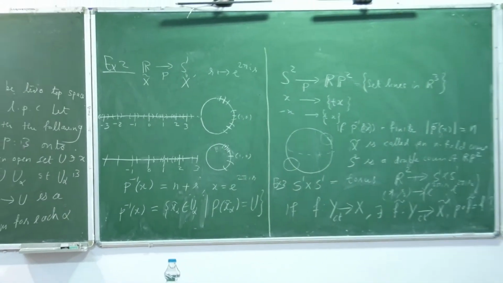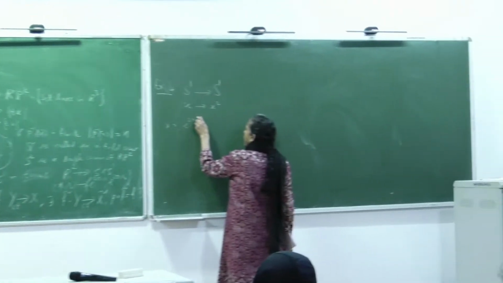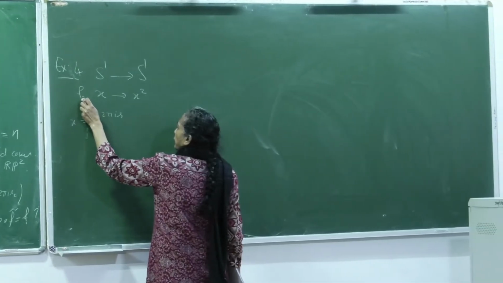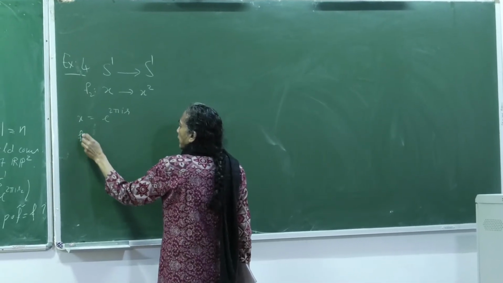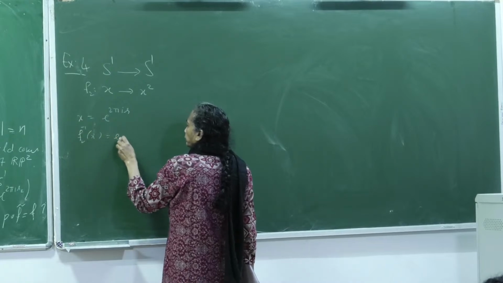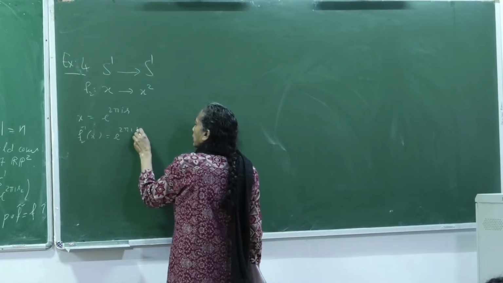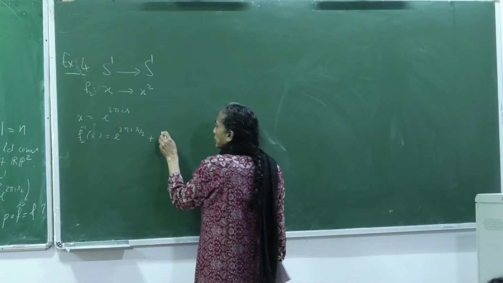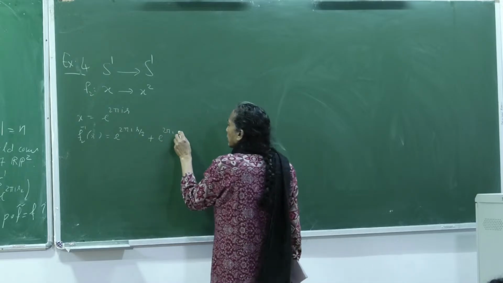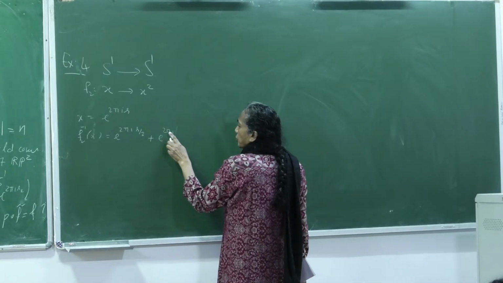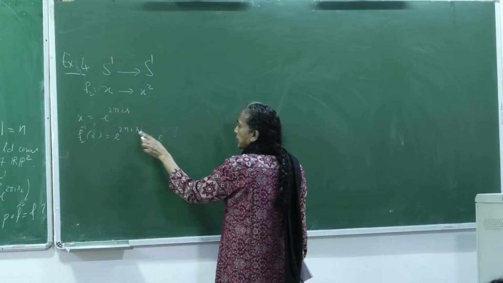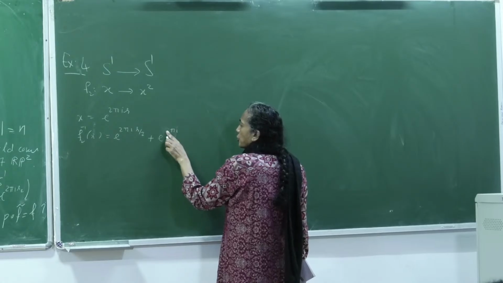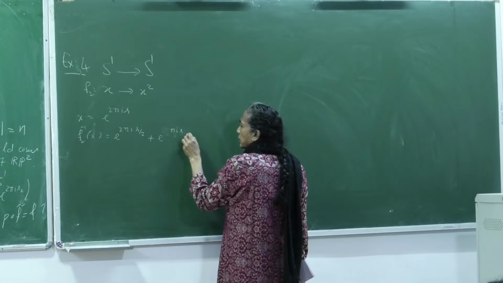For any x, suppose x is e to the power 2 pi i r, and I call this map F2. Then F2 inverse of x has r by 2, plus pi, so e to the power pi i r and plus pi.